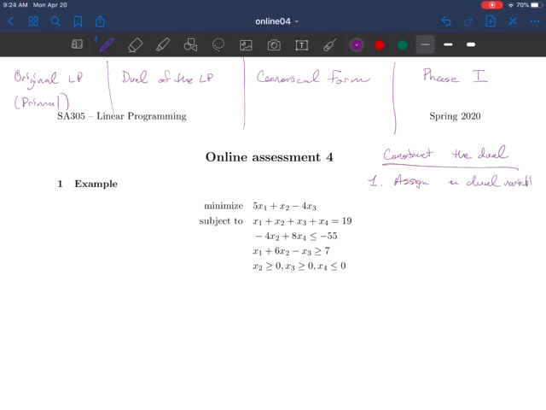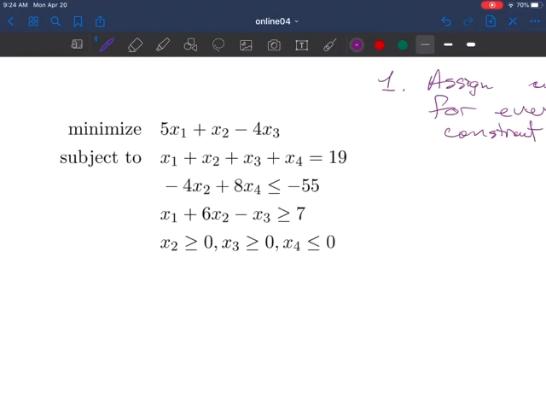So the first step is assign a dual variable for every constraint in the primal. So for every primal constraint. Here we have three constraints, and I'm going to call the dual variables U1, U2, and U3.